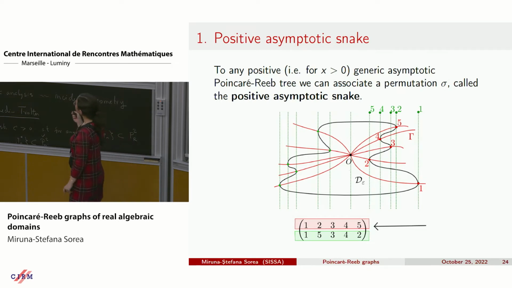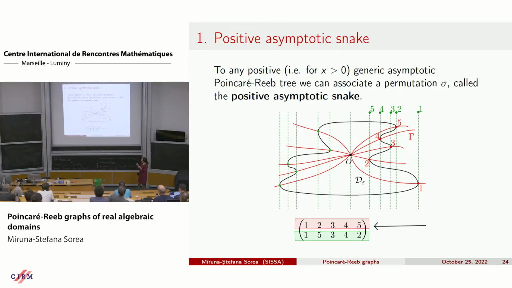And if we consider the points of intersection between the polar curve and the level, these red points, then under this genericity hypothesis, you can endow these points with two total orders, as you can see from the colors. So the one order is just by following the level. So this would be 1, 2, 3, 4, 5. And the second one is the one induced by the vertical foliation of the plane. So this is the green one. Just by convention, it starts from right to left, doesn't matter now.